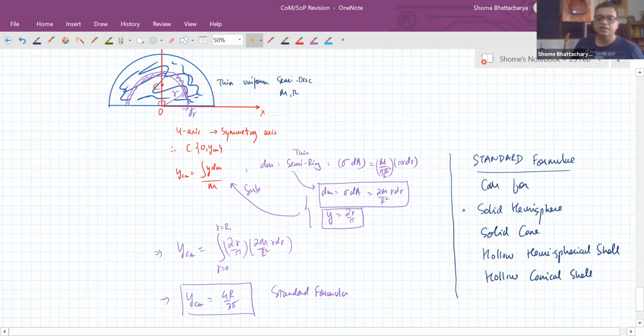So all these are the standard formulae that you should know, in addition to semi-ring, semi-disk, etc. that we have discussed.